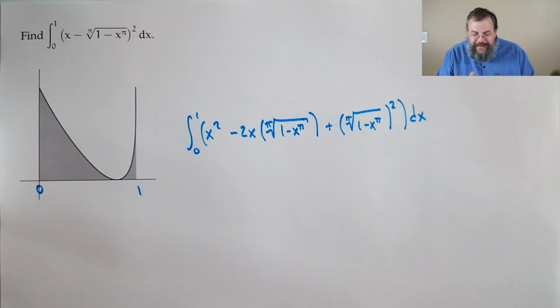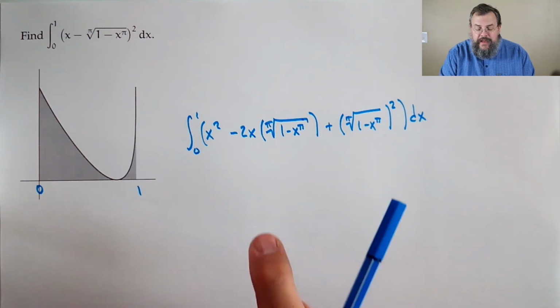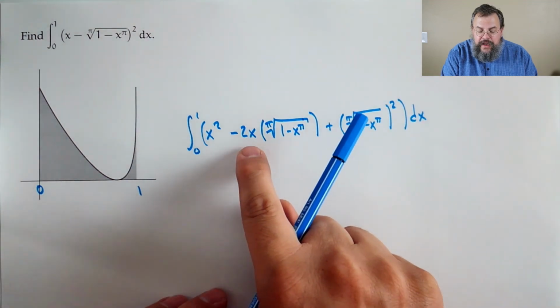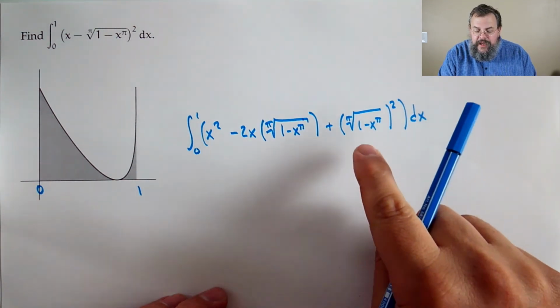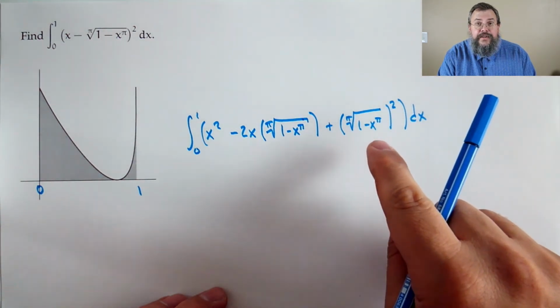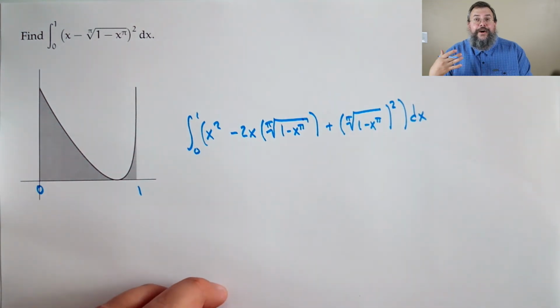Okay, so let's think about how we can connect to what we've been talking about. We've been talking about volumes of revolution. And so when we see things that look like 2x times a function, it feels like a shell method. When we see things that look like function squared, that feels like a washer method.